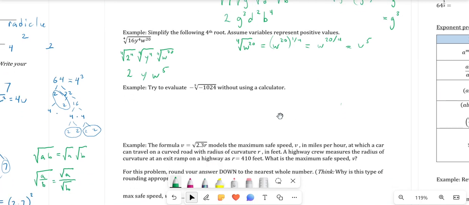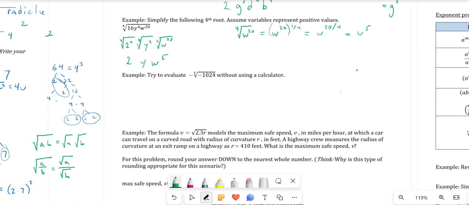So here we've got a fun one. It says, try to evaluate this without a calculator. Okay. Well, I can tell you right now, we've got an odd power of a negative number, right? That's going to give you negative, the odd power, the odd radical of the positive version of that number, right?